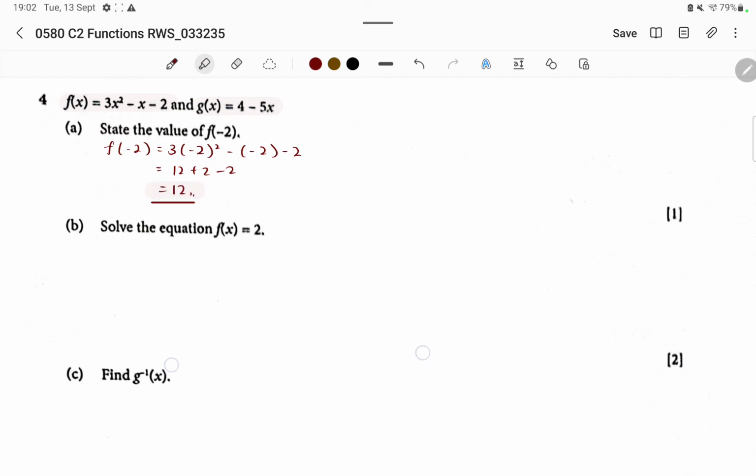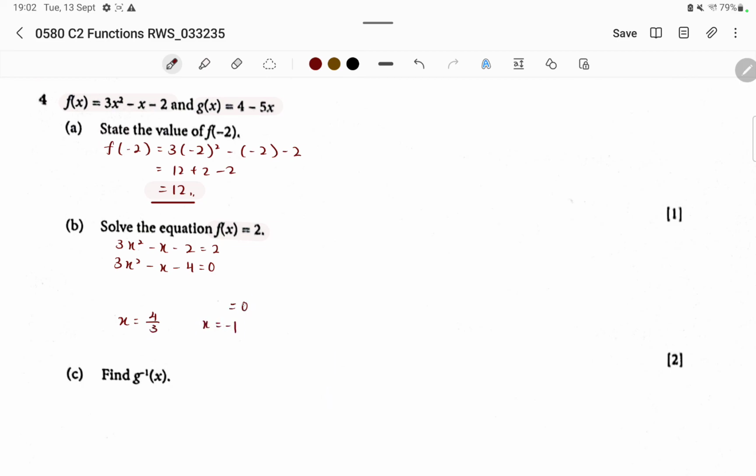As your final answer. Solve the equation f(x) equals to 2. So f(x) is 3x squared minus x minus 2 equals to 2. Move 2 to the other side. 3x squared minus x minus 2 plus 2 move here, also minus 2, so minus 4 equals to 0. And after that, this one you can factorize. So you can press calculator, and then you should get x equals to 4 over 3, x equals to negative 1.